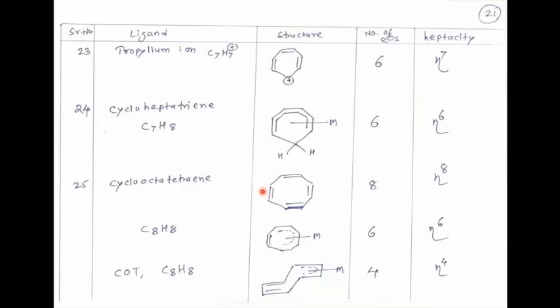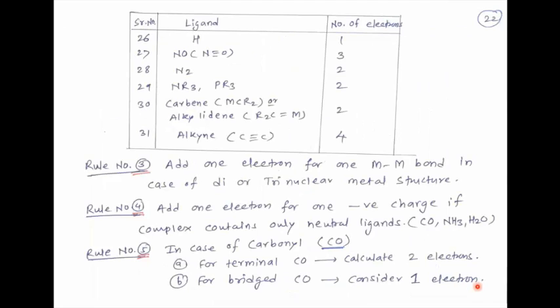Cyclooctatetraene, 8 electrons are donated to the metal ion in eta 8, and this is the structure. C8H8, this is the structure when reacted with the metal. 6 electrons are donated to the metal in eta 6. Then C8H8 eta 4 donates 4 electrons to the metal. Then here there are some common ligands.